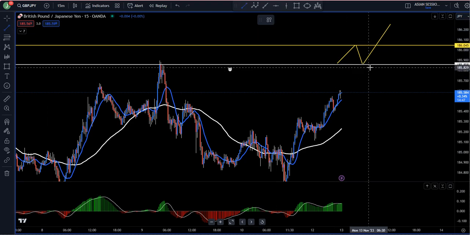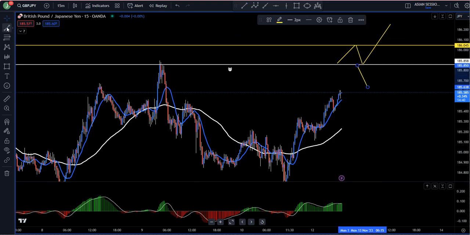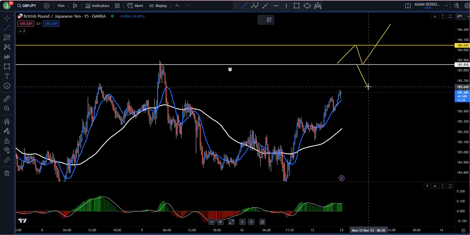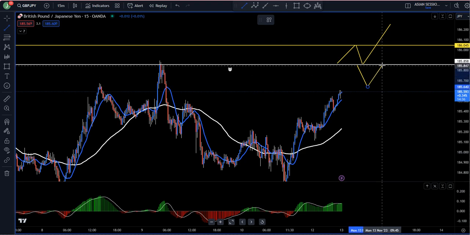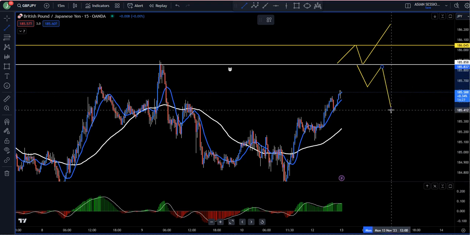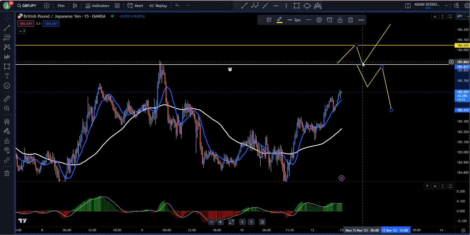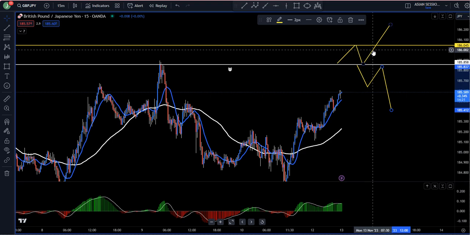If not, price will come up to this point right here, reject back down, and come back and retest the low of the daily resistance. And when it retests the low of the daily resistance, then we may be looking at price potentially coming back down.